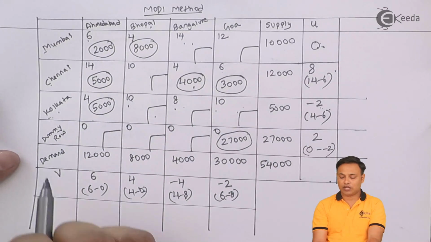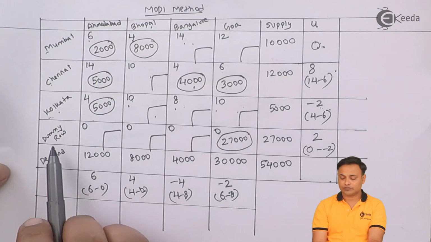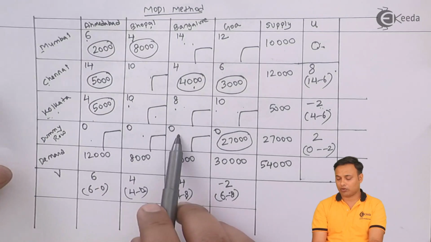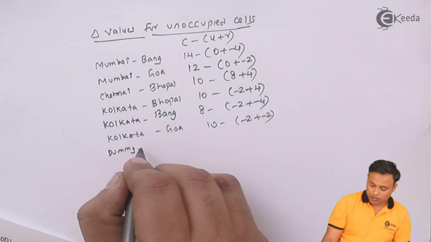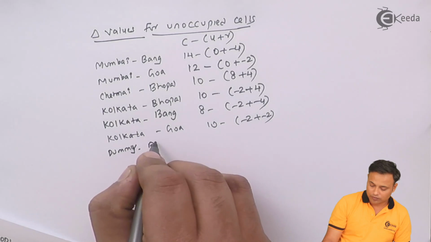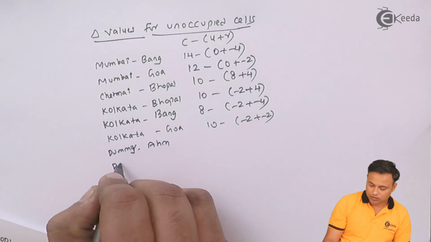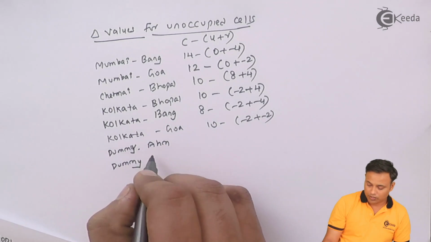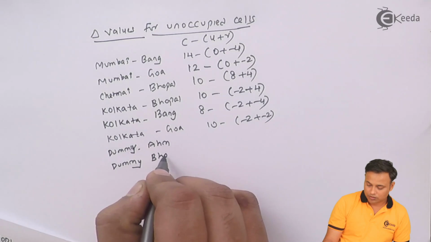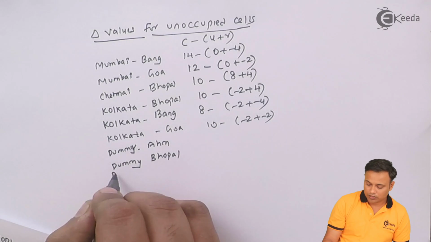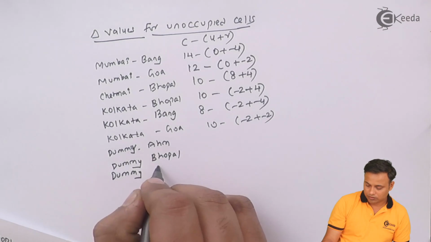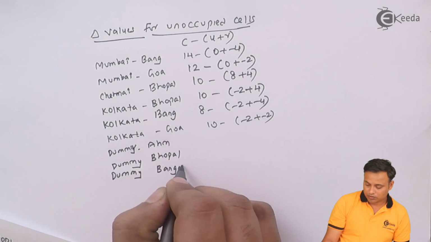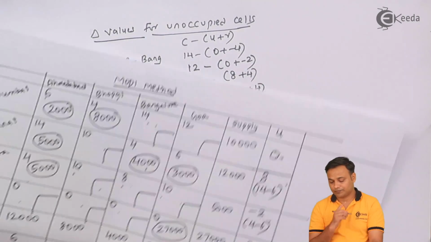Then we have dummies. We have 3 dummies: dummy Ahmedabad, dummy Bhopal and dummy Bangalore.